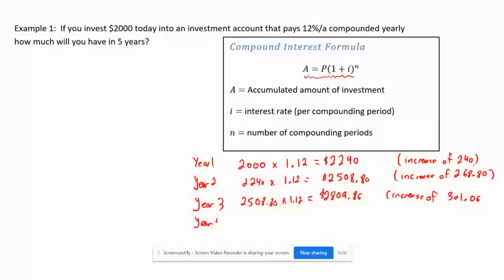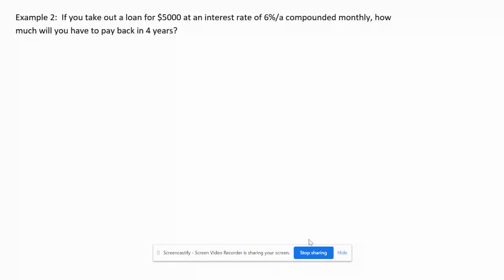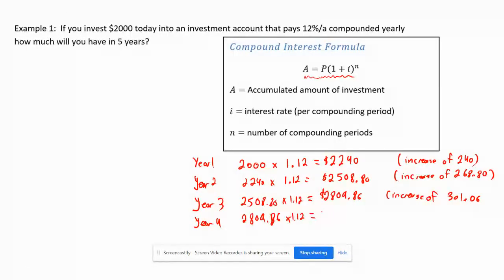In year four, we have 2,809.86 times 1.12, and guys, there's going to be a faster way to do this in a second here, which is 3,147.04, an increase of 337.18.